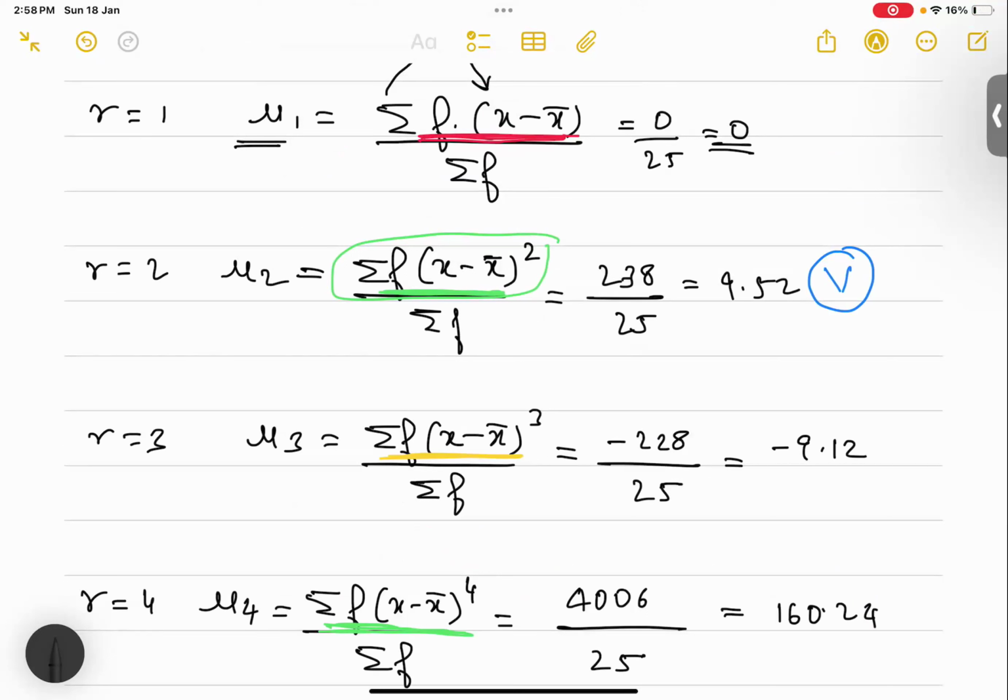Now, calculation of moments was very important because we will require this in skewness and kurtosis. Now, let us understand the next part, that is skewness. Give the topic name as skewness.